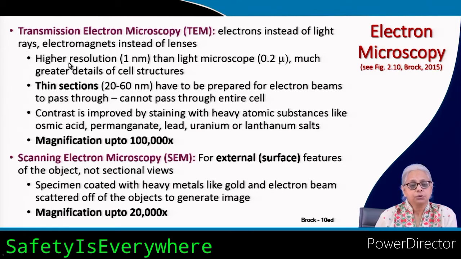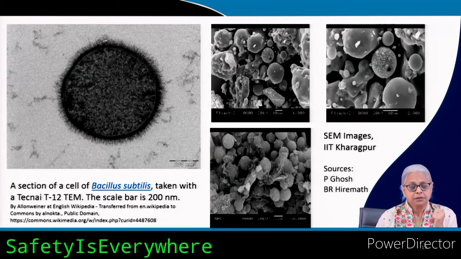Transmission electron microscopes have very high resolution. It goes down to 1 nanometer in comparison to light microscopes, which have a normal detection limit of 0.2 microns. So this level of resolution will allow you to see greater detail of cell structures. So here you have a cell.